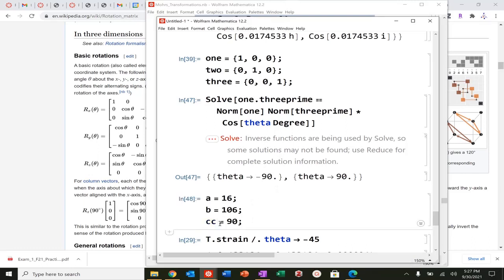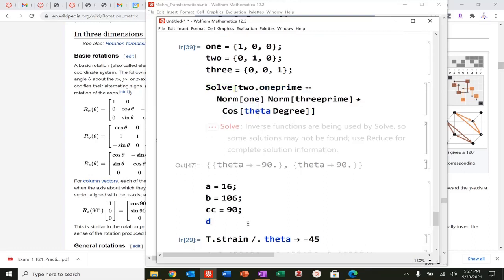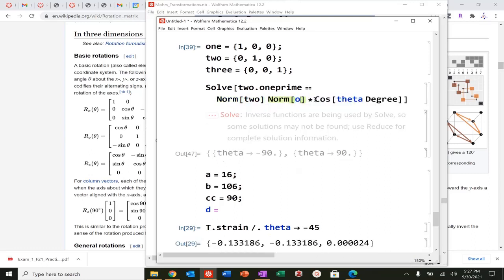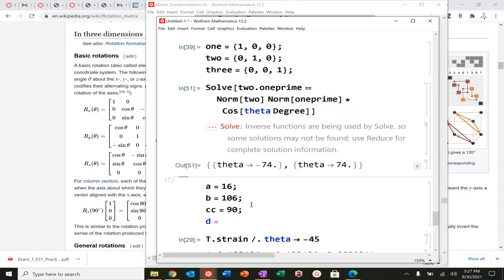CC, be careful there. Again, 2 and 1 prime. Maybe D, it's 2 and 1 prime, so let's say that's 74.